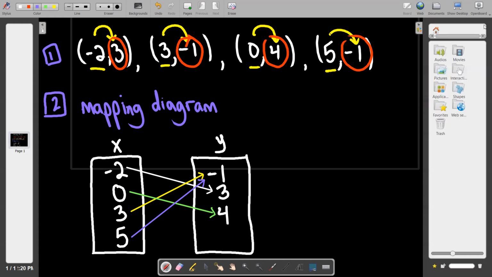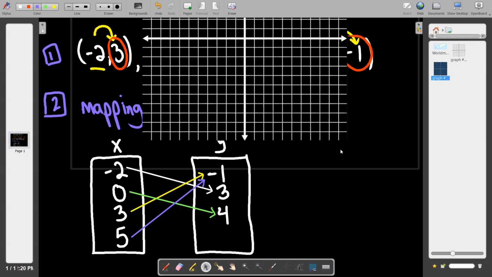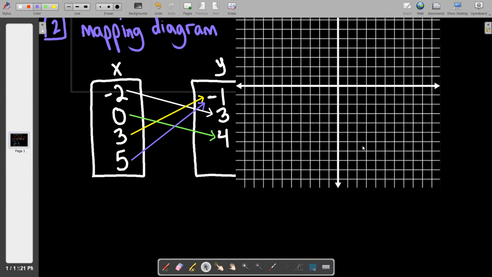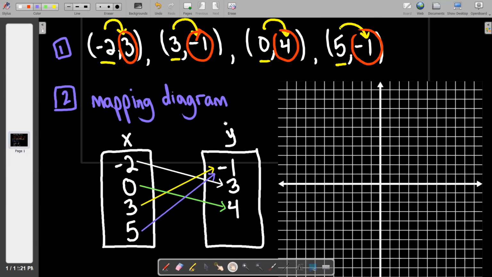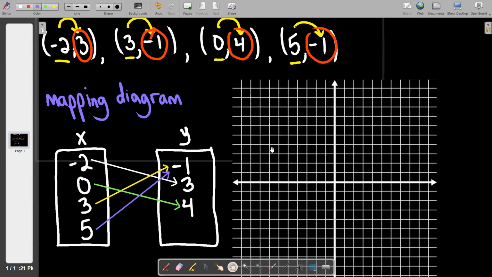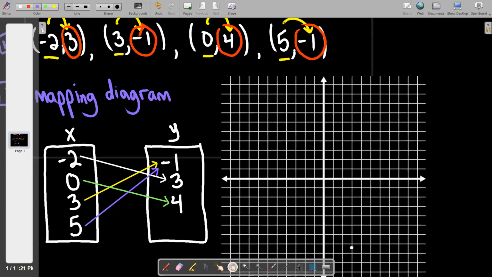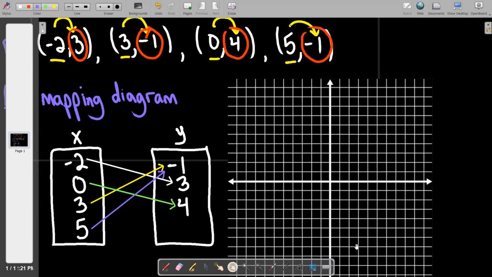And so for this, I'm going to bust out my little graph picture here, which is pretty cool, right? I just want to keep those on the screen, but this is the only other way really that you're ever going to see a relation. You're going to see it as a set of points, a mapping diagram, or a literally graphed set of points like this.